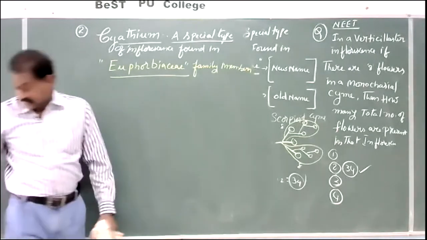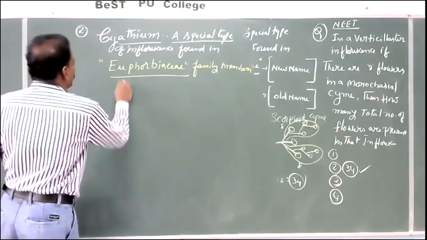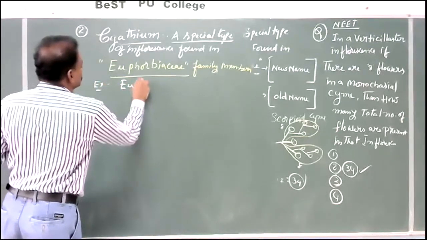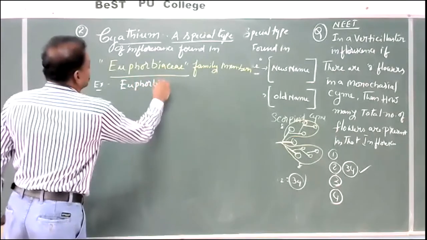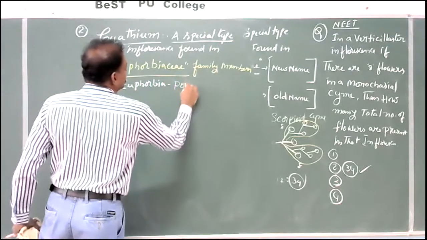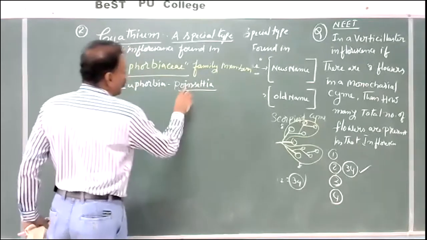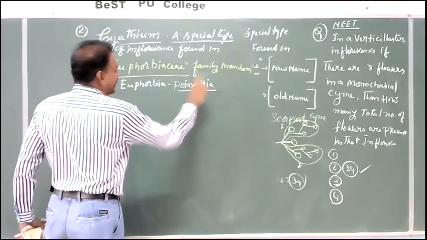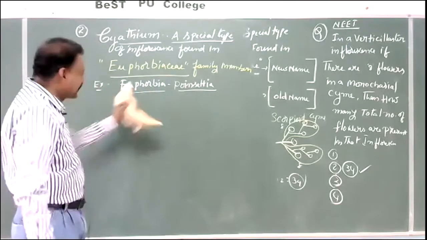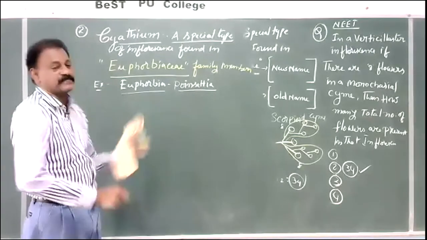Examples of Euphorbia, poinsettia. So in these plants, a special type of inflorescence called cyathium is present.